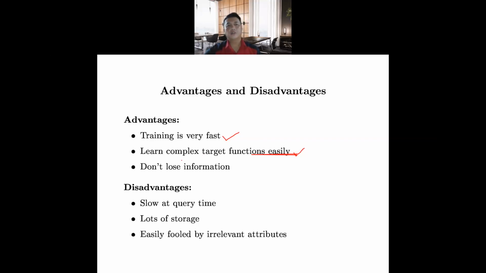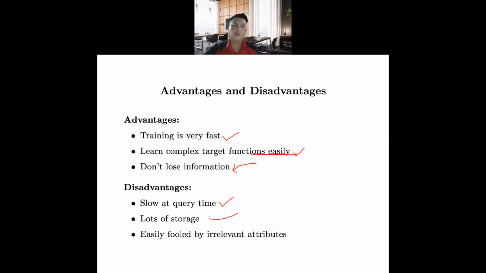Also, you don't lose any information because you consider all the features in your data set. But the disadvantage is that it is slow at query time, because if you have a large number of rows, you have to compute the distance from the new instance to all of the data in your data set.